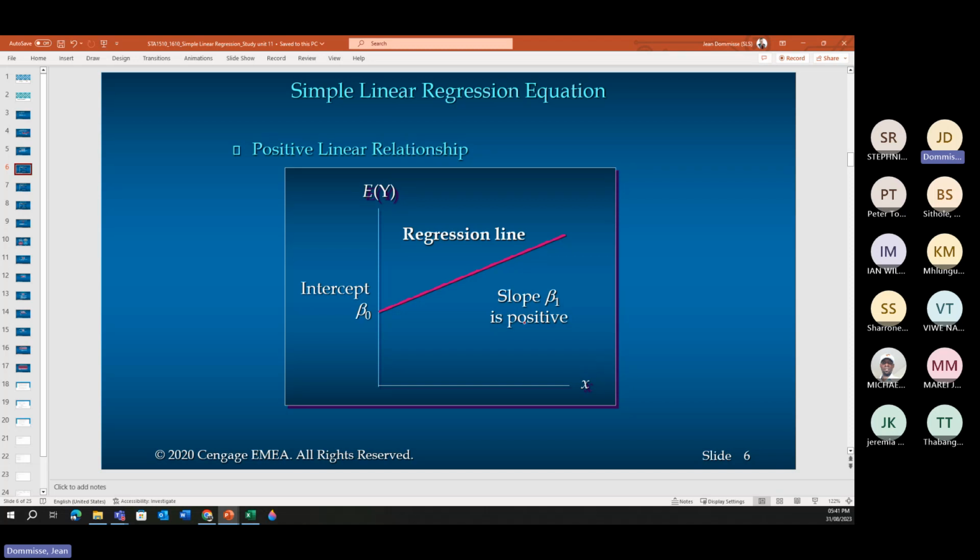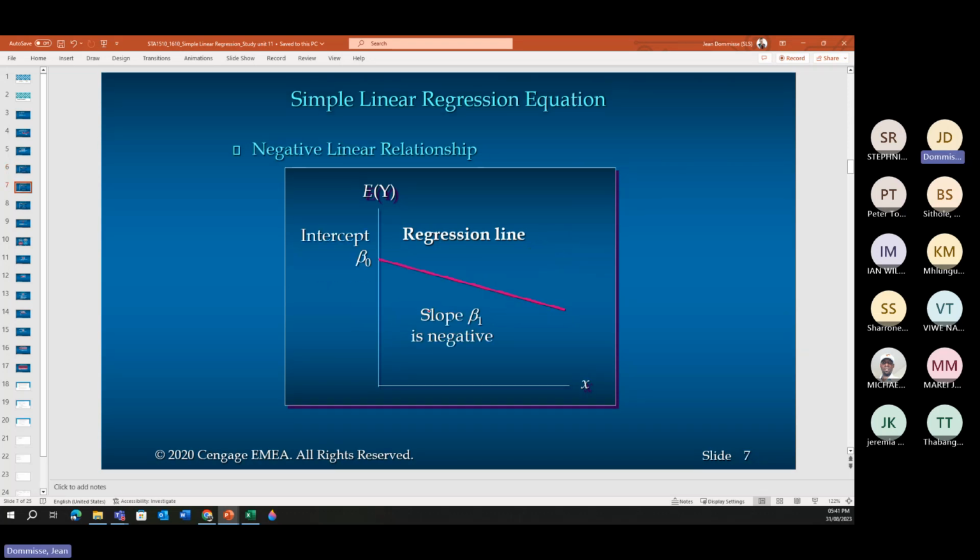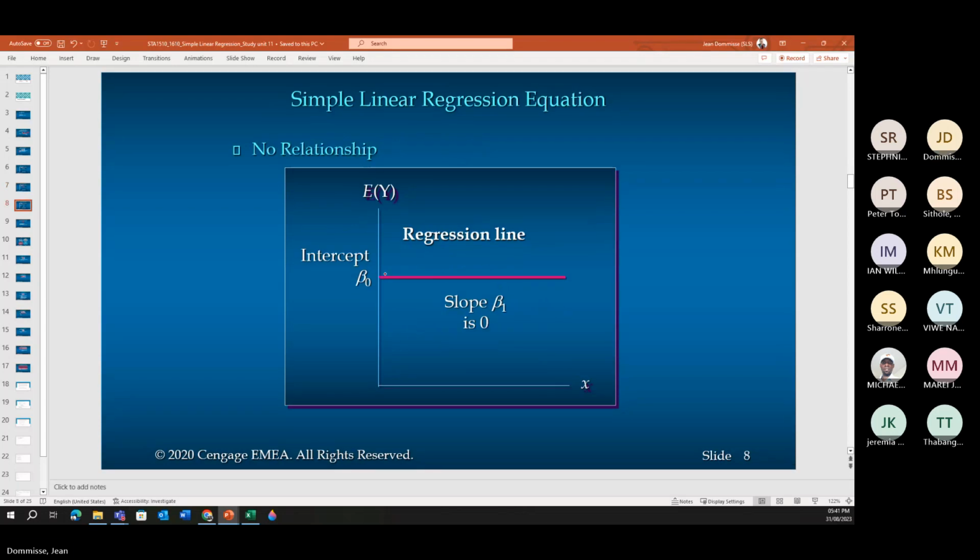Remember, the slope of your regression line is always positive if it has this line. It is negative if you have the other way around. And then there is actually no slope if it is a straight line.